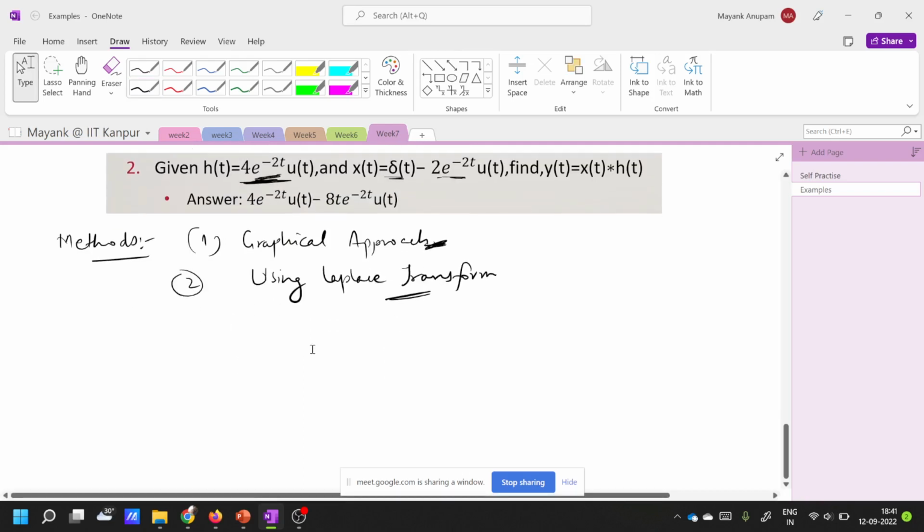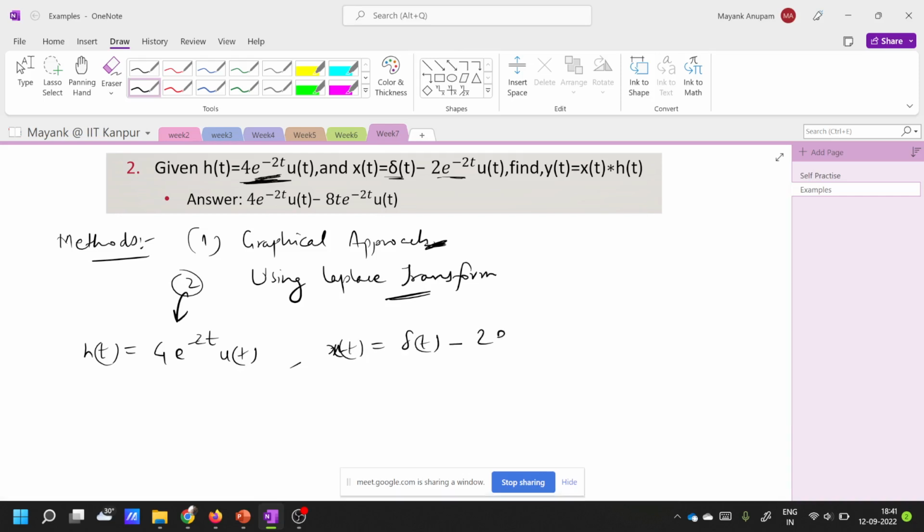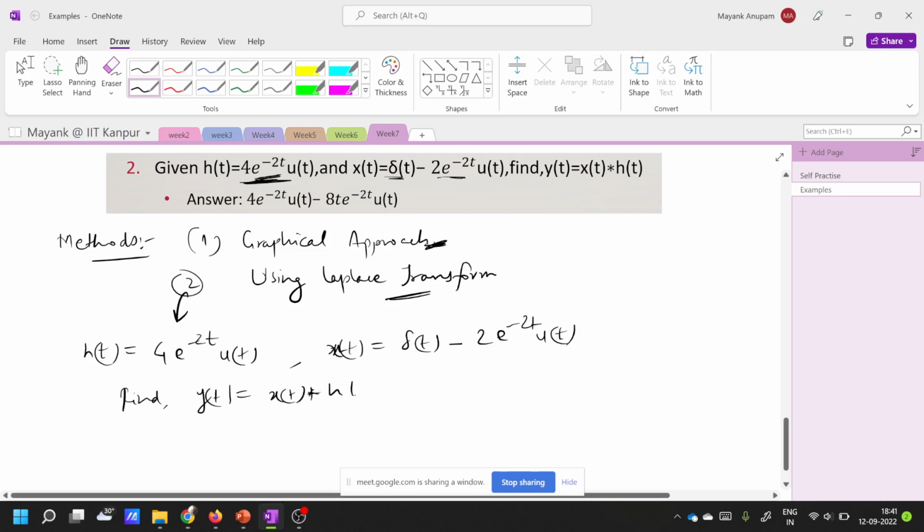Let's quickly do it. So h of t is 4 e to the power minus 2t u of t, and x of t is equal to delta of t minus 2 e to the power minus 2t u of t, right? You have to find out y of t, which is equal to x of t convolved with h of t.